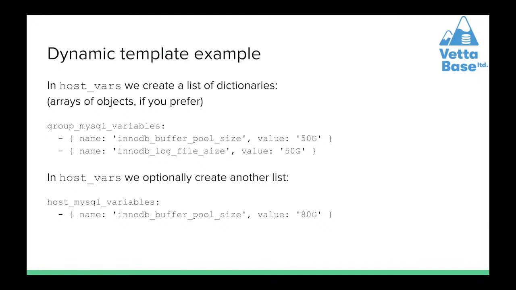And in host vars, the first list should be created in group vars. In host vars, we can create a separate list with specific variables that we want to set for that particular host.